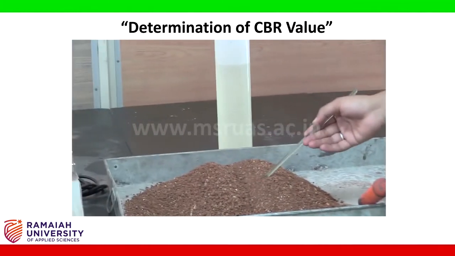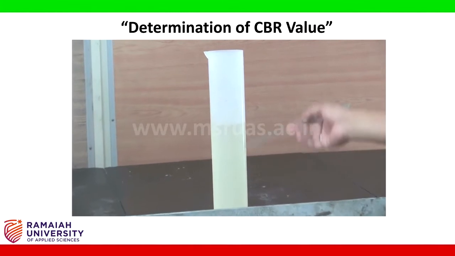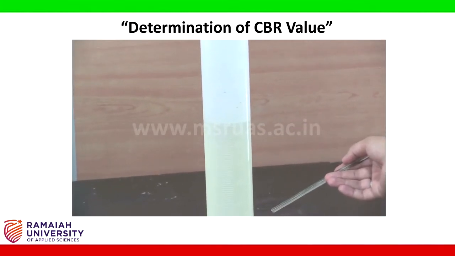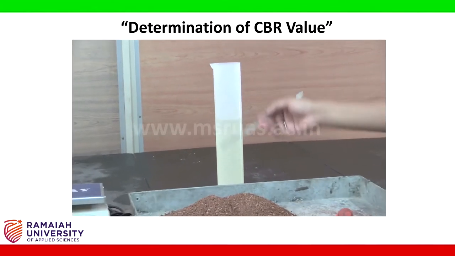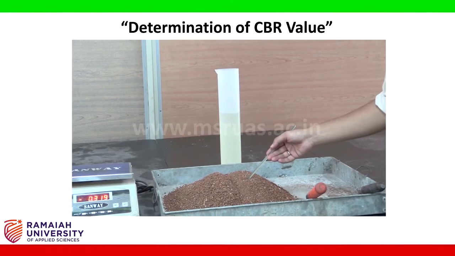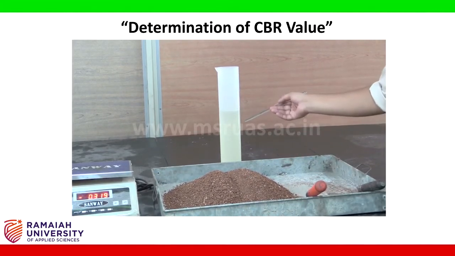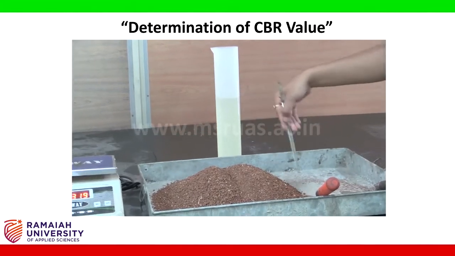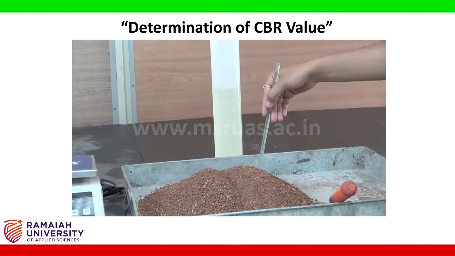This soil now needs to be mixed with the predetermined optimum moisture content that we found during the compaction test. This is required to achieve the maximum dry density determined during the compaction test. So we will be transferring the water onto the specimen evenly and then start the mixing process.